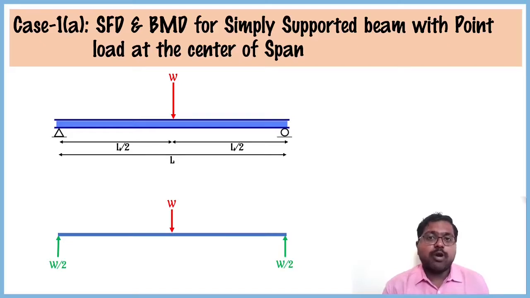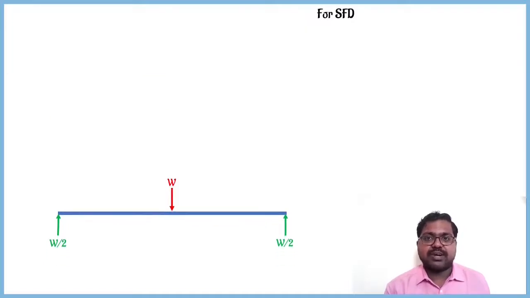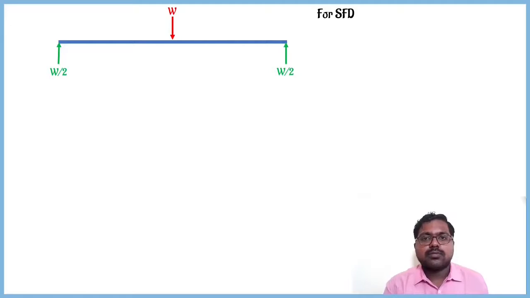By considering the body in equilibrium, we found the reaction forces for the external loads. Now we need to calculate the values of shear force and bending moment. So let us take this figure. For the shear force diagram, we have to calculate the shear force at the sections. So let us consider a cross section XX from the right hand side.